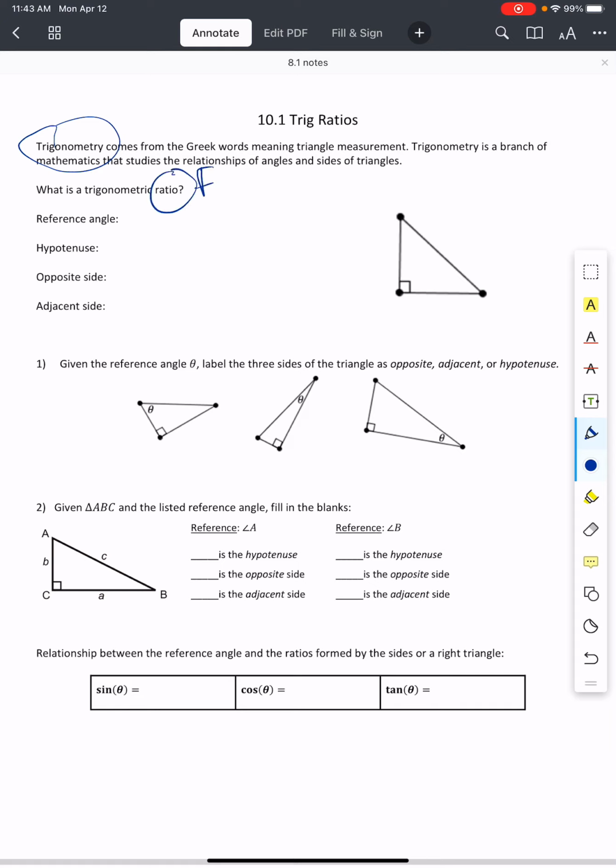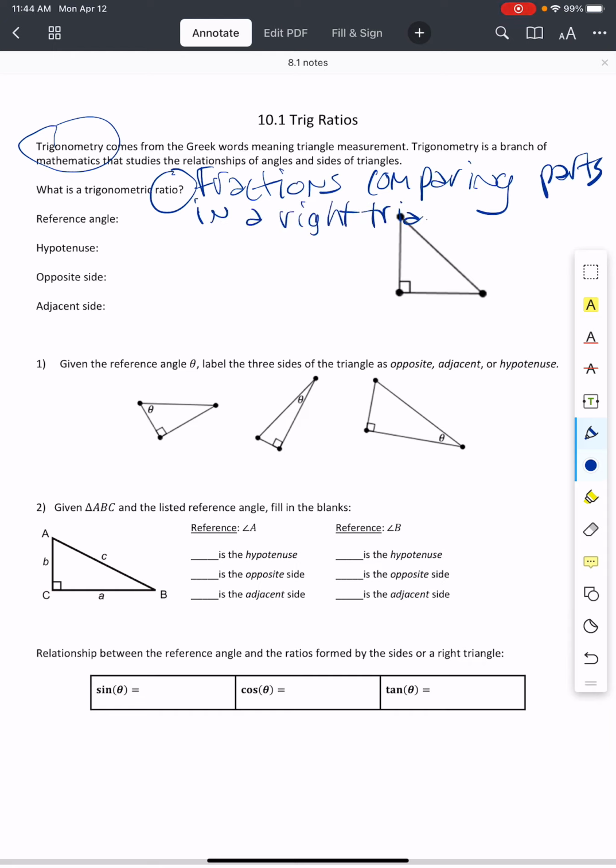So a trig ratio is fractions comparing parts in a right triangle. So comparing one of the sides and an angle and things like that, okay?